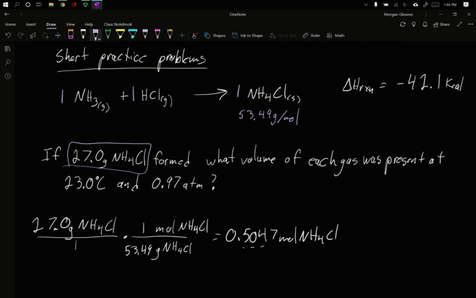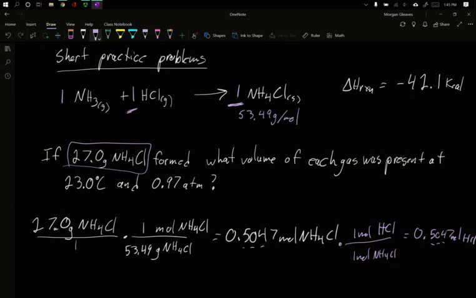Now that I have the moles of my product, I can use the balanced reaction. It is 1 to 1. In fact, it's 1 to 1 for both of them. Both of my gases are going to have exactly the same amount. If I wanted to show it, I could say it's 1 mole of my NH4Cl solid for every 1 mole of my HCl that reacted. So I would have 0.5047 mole of HCl.